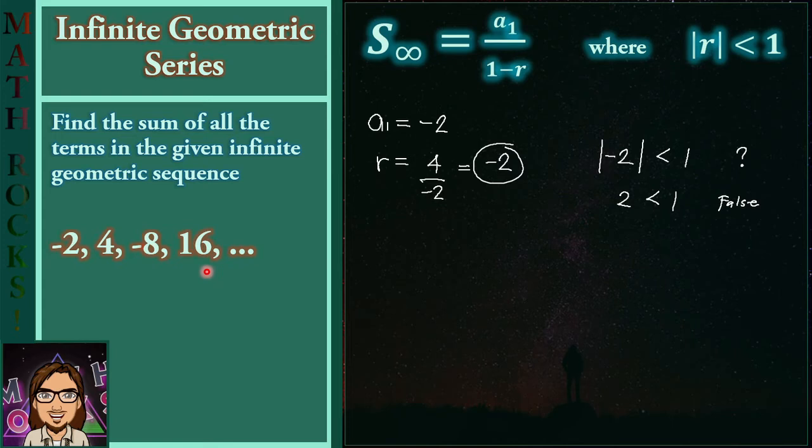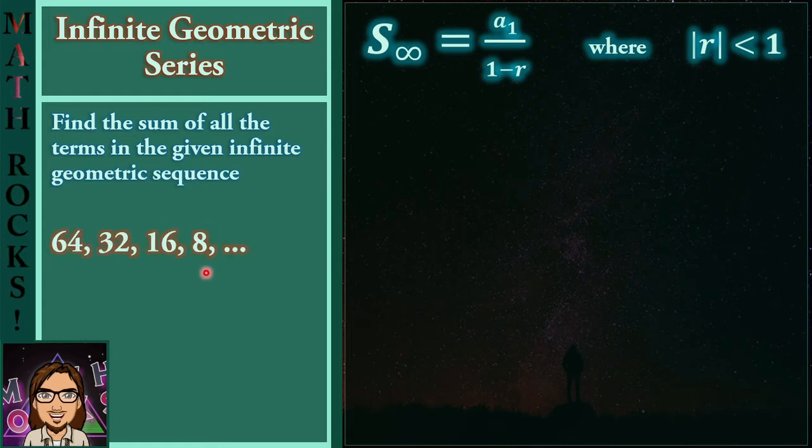While here on our third problem, you would notice that the absolute values of the terms in this geometric sequence are actually decreasing. And let us check what happens with regards to the value of the common ratio.